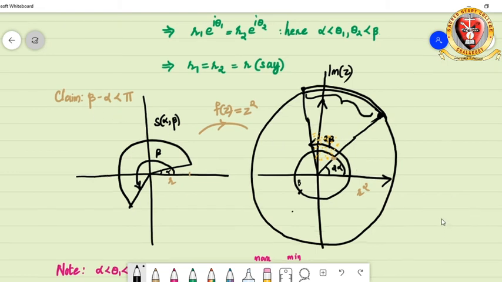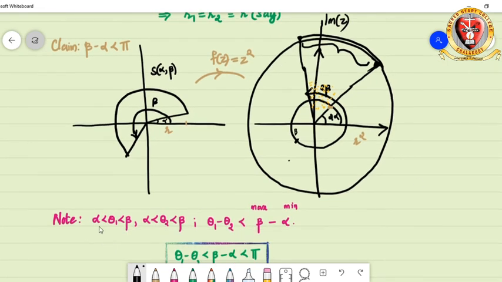So already we know that alpha is strictly less than theta 1 strictly less than beta, and alpha strictly less than theta 2 strictly less than beta, because we took z1 and z2 from S of alpha comma beta. So consider the difference theta 1 minus theta 2. The maximum value theta 1 can take is beta, and the minimum value theta 2 can take is alpha.